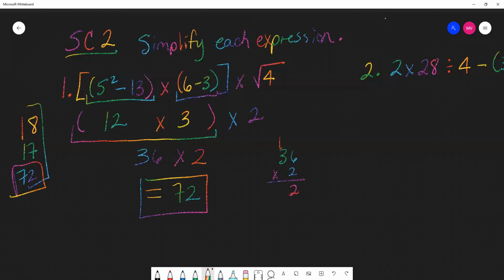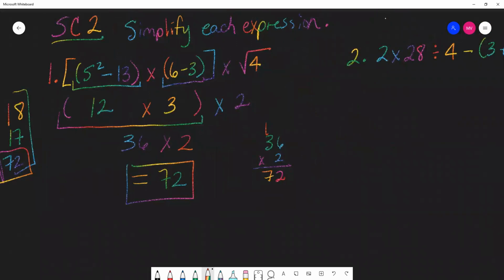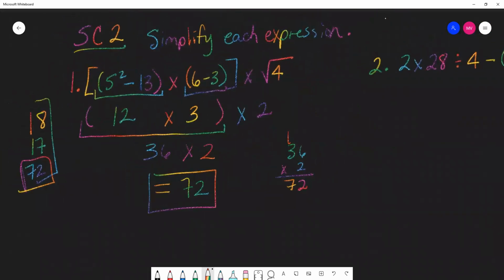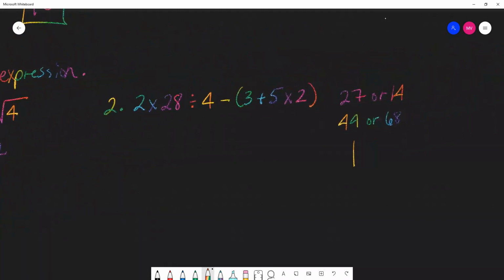Carry your 1, 3, 2 times 3 is 6, plus 7 is 72. All right, so check your math. Okay, I see. So if you got 10, then you would have gotten a -3 for the first one. So -3 times 3 is -9, and -9 times 2 is -18.